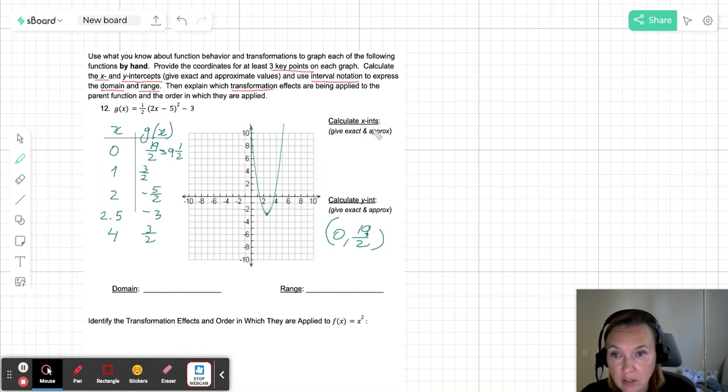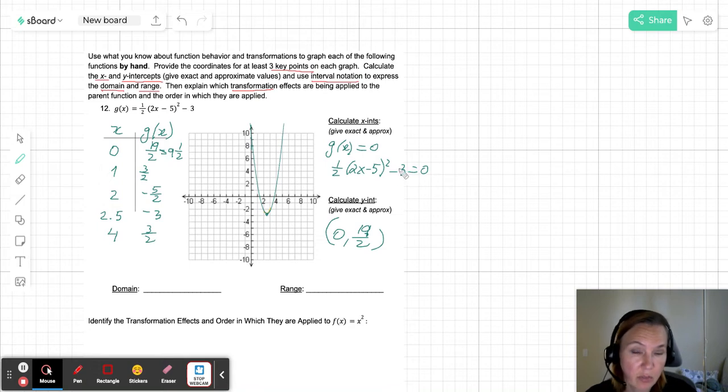All right, for x-intercepts, we have to set up g of x equals 0. In other words, we are solving a quadratic equation: 1/2 times (2x minus 5) quantity squared minus 3 equals 0, which means we bring 3 to the right side. So we have 1/2 times (2x minus 5) squared equals 3. Then we are going to multiply both sides by 2, the opposite of 1/2, right?